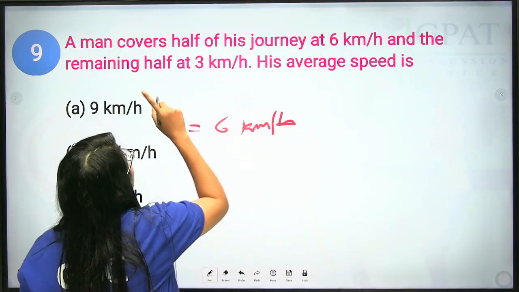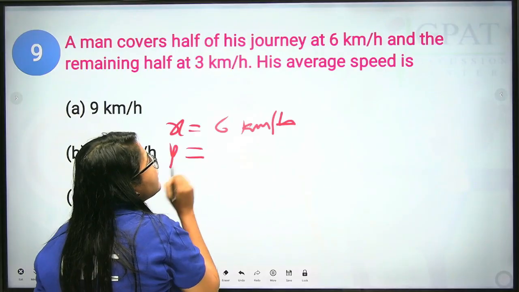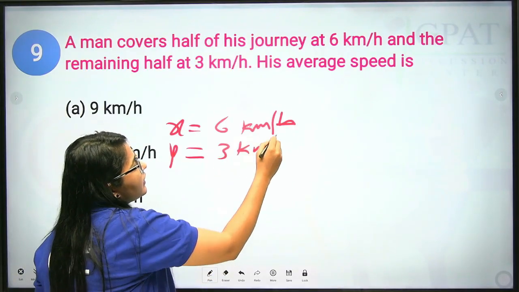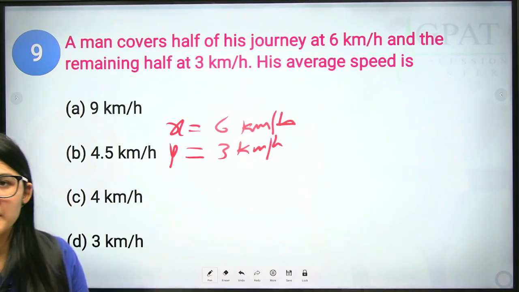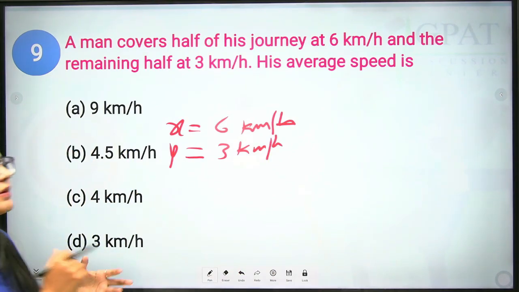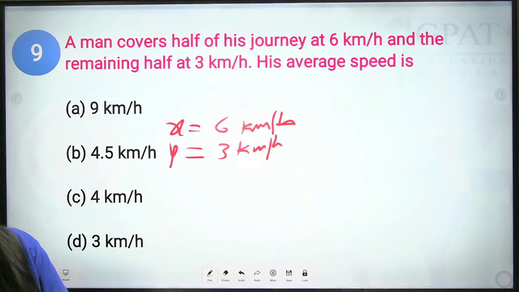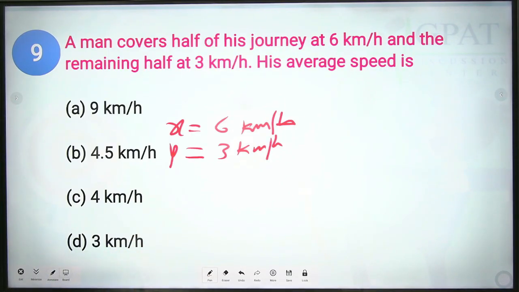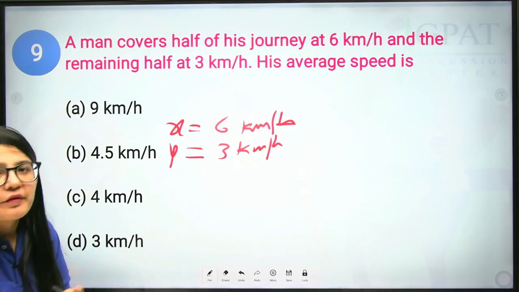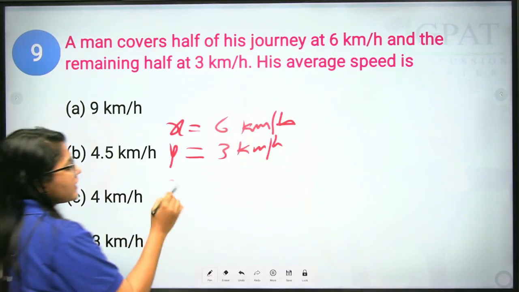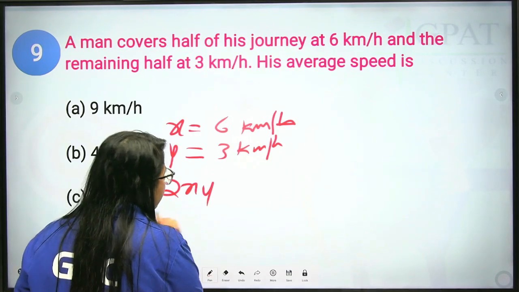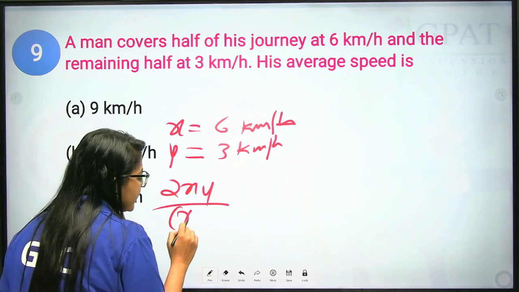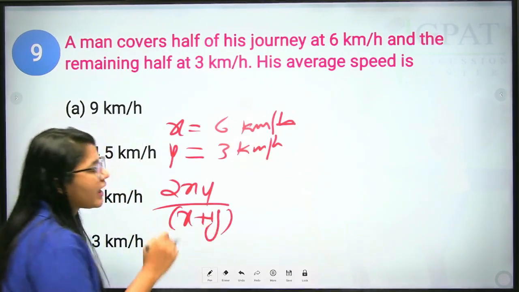Next, the second half is y, equal to 3 km/h. Now we need to find the average speed. How can we find it? By a formula, that is 2xy divided by x plus y.